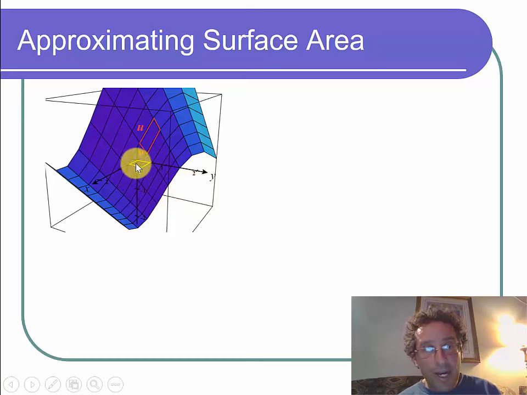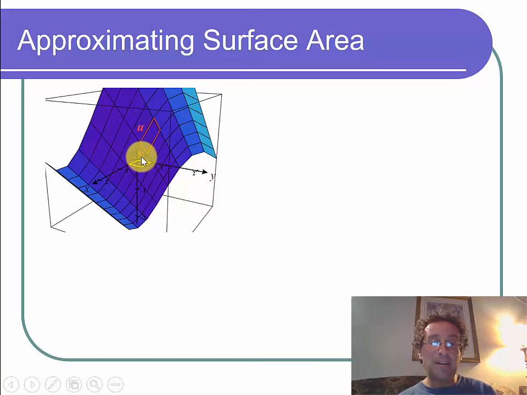I'm going to take one of these little rectangles in the xy plane and project that upward. What I get is a parallelogram on the surface, as long as my rectangle is small enough and the function is continuous. So I want to find the area of this parallelogram.